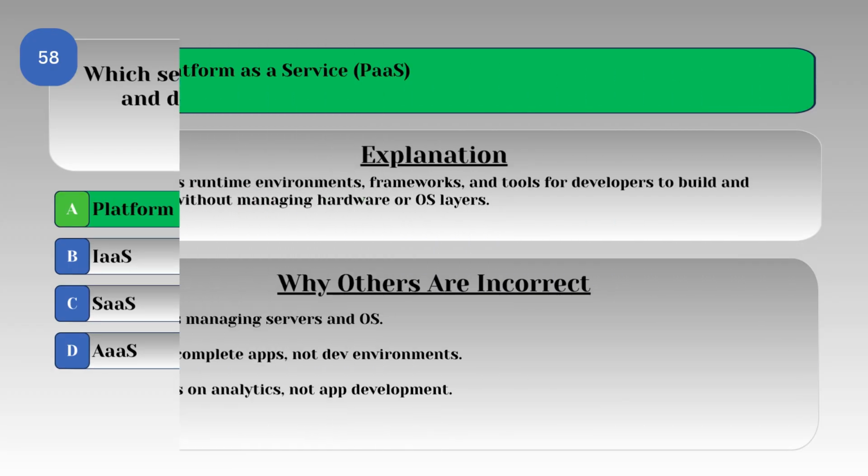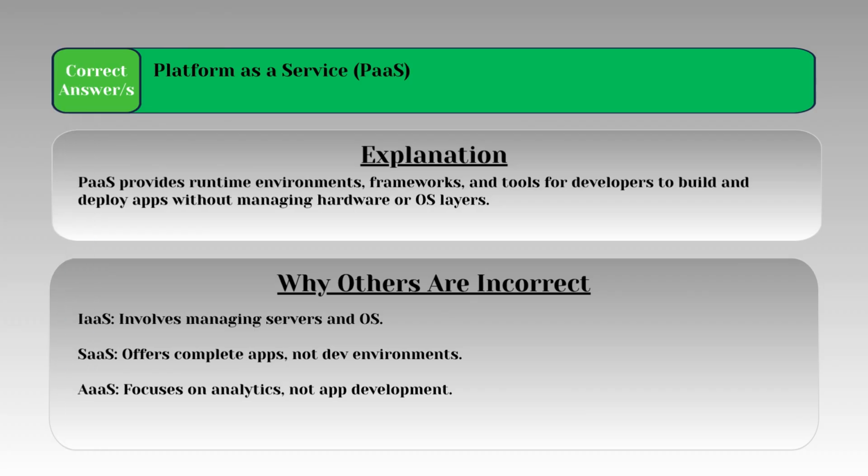Explanation: PaaS provides runtime environments, frameworks, and tools for developers to build and deploy apps without managing hardware or OS layers. Why others are incorrect: IaaS involves managing servers and OS. SaaS offers complete apps, not dev environments. IaaS focuses on analytics, not app development.